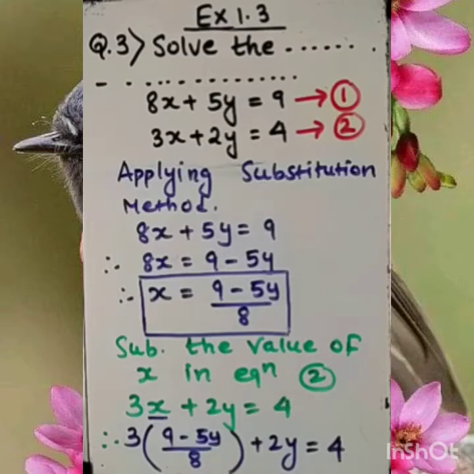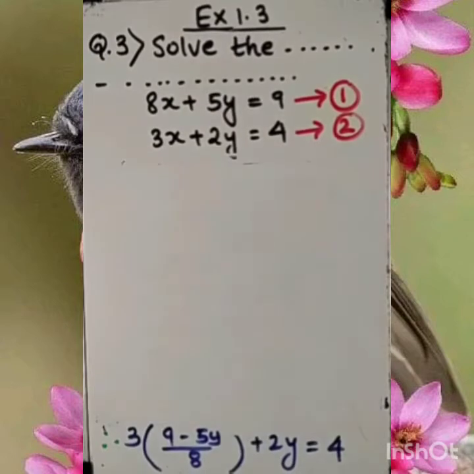Okay, we have to apply LCM here. How to go with the LCM? Let's learn this now. Let's work out the LCM procedure now. For that, outside the bracket 3 is there.